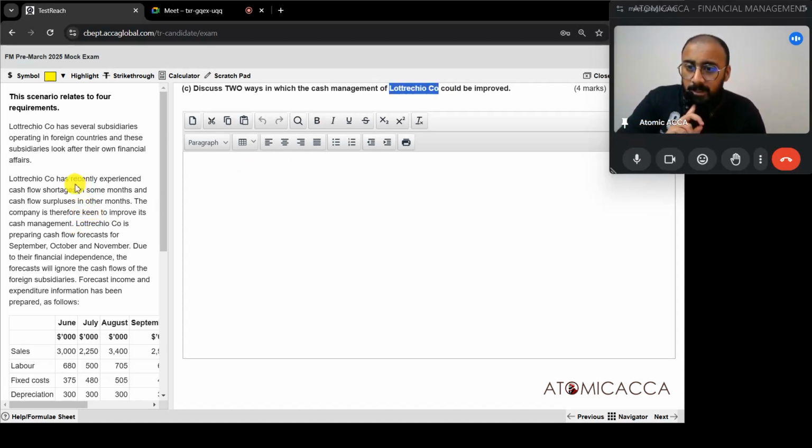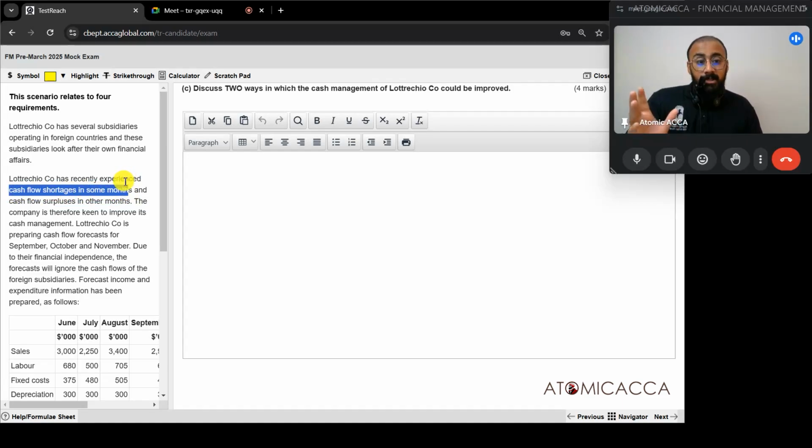Let's say they're telling these subsidiaries are looking after their own financial affairs. And they told that this cash flow forecast is ignoring the cash flows of other foreign subsidiary. They told that this company is having surplus in some months, and they have cash flow shortage in some months. That is maybe because they're considering only about their company, and all companies are dealing with their own cash management.